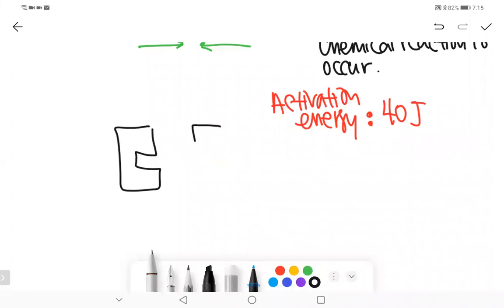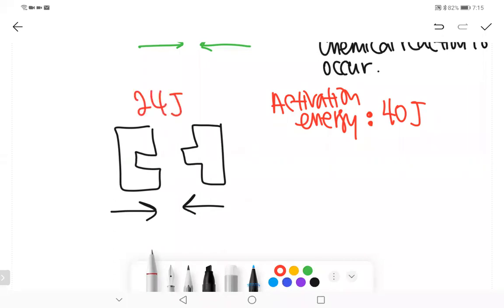So what if now your particles move in this direction, and the energy they have now is 24 joule. Same thing, everyone, type in the chat box. Can they react? Yes or no? Okay, good.